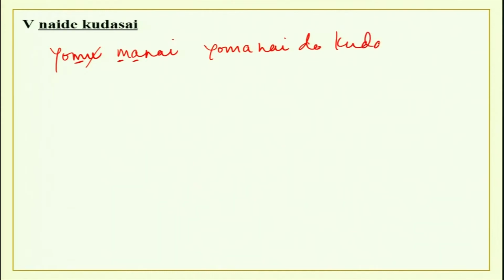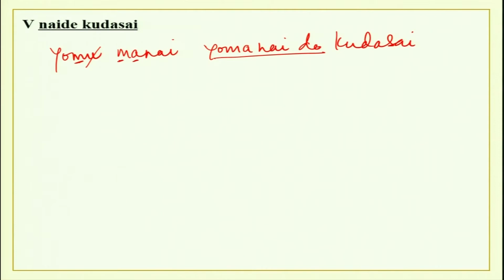Now, I will write it for you again. Yomu, I will show it to you in Roman. Yomu, yomanai, yomanai. The M is over here and A over here. Yomanai. And yomanai de kudasai.